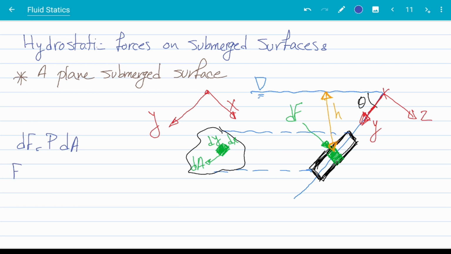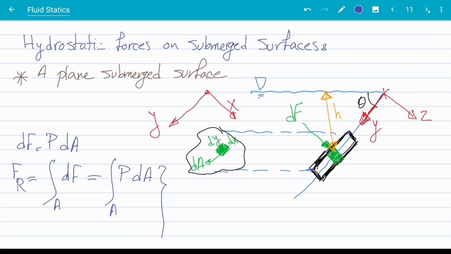So the total force that we are looking for, F_R, is going to be the sum of all these tiny dF forces, right? It will be the integral of dF over area A. Area A is the area of the plate, this random arbitrary area that we have here. This is the integral over area of pressure dA.